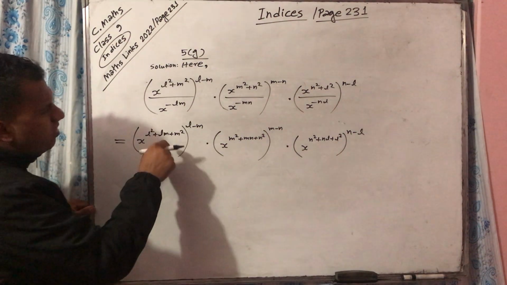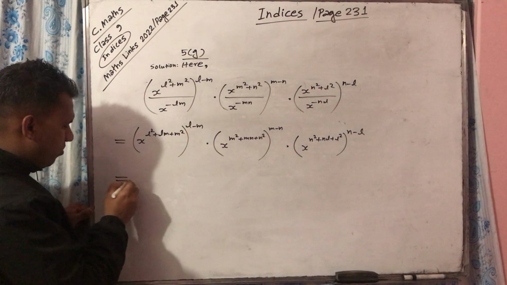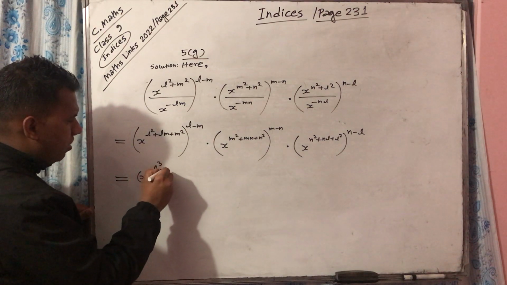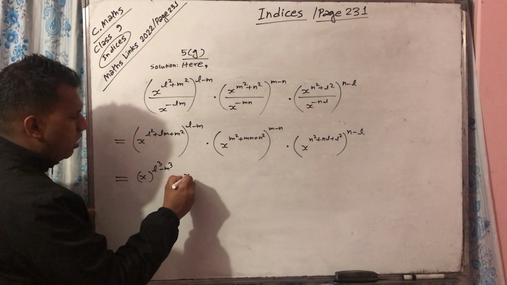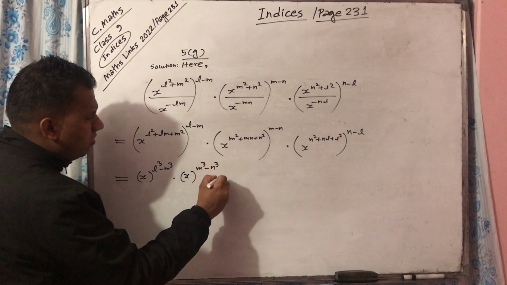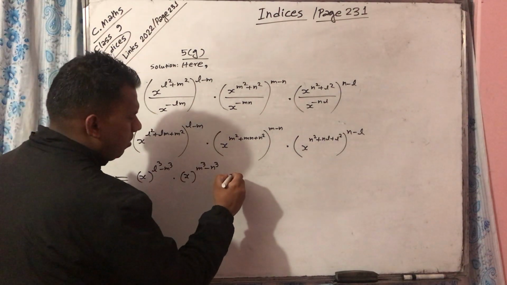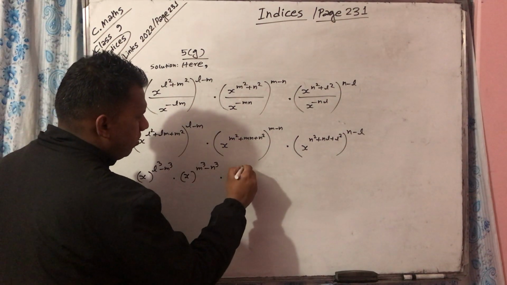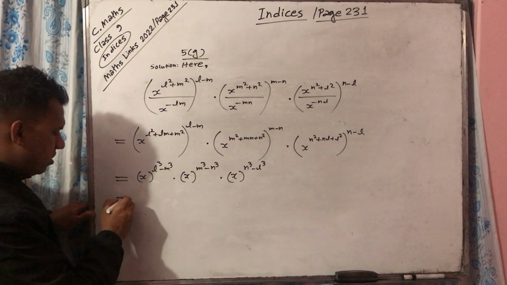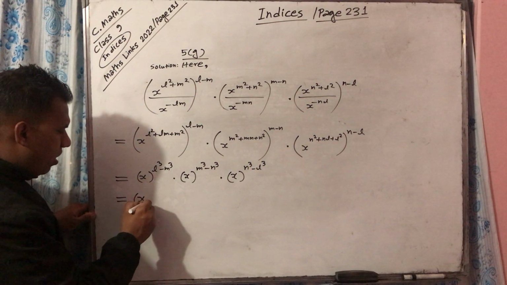Since the first power and second power make a cube minus b cube form, so x to the power l cube minus m cube. Similarly, x to the power m cube minus n cube. Similarly, in the third, x to the power n cube minus l cube. Since the bases are the same, the powers can be added together.